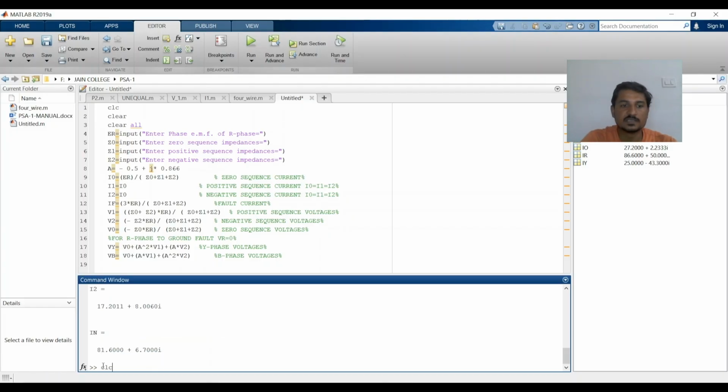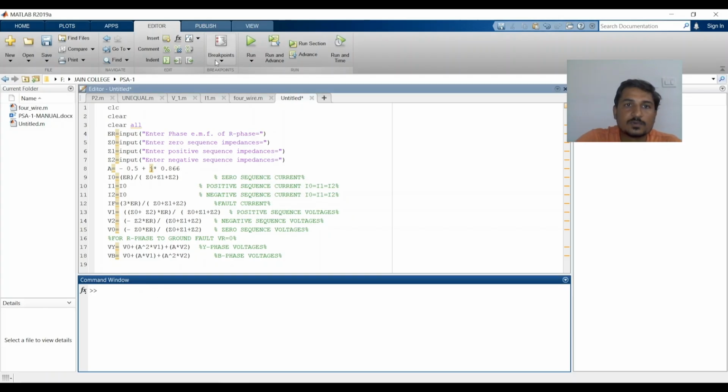If you use CLC, the console will be cleared, and if you use clear all, you need to first check the workspace here. The values of A, I1, I2, B, IN are from the previous program, and if you use clear all, you can see the workspace has been cleared and the memory of the previous data has been removed, and now MATLAB is fresh to execute.